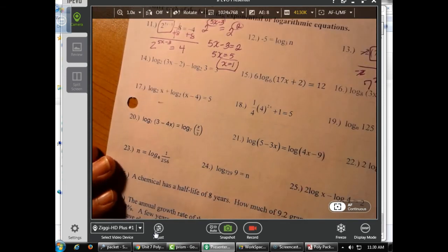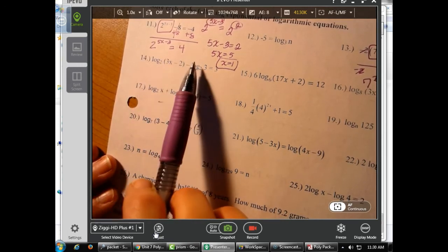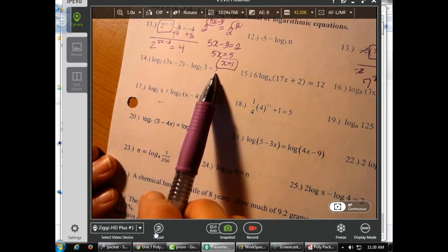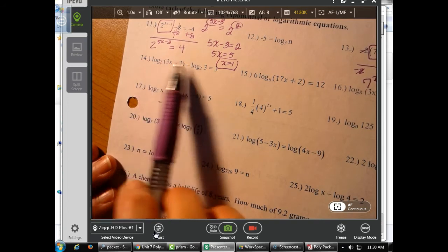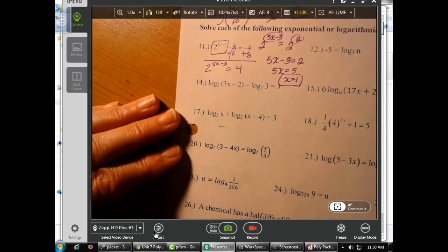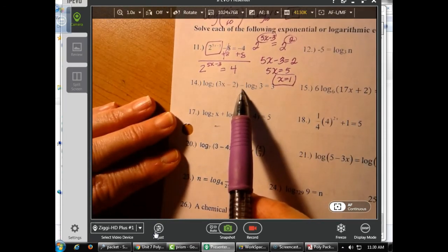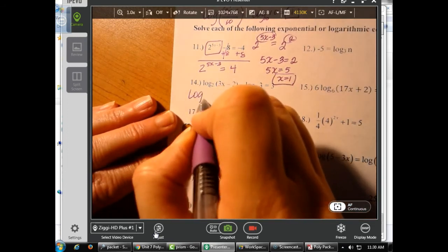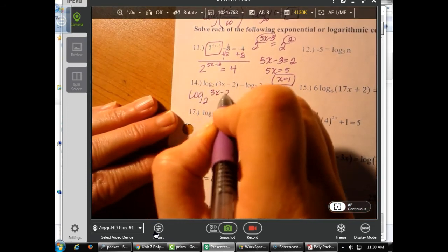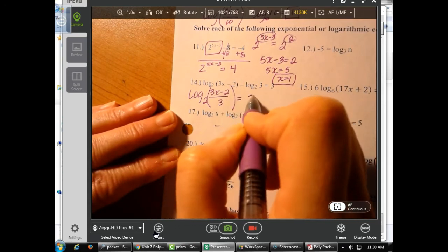When I look at number 14, it looks like I have logs on the left and just a number on the right. So when that's the case, I know I need to condense this left side and then rewrite it. So I'll condense the left side by doing division, because this is a subtraction. So log base 2, and then I have 3x minus 2 divided by 3, and that equals 3.